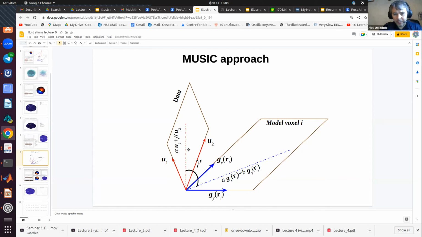You find this vector as a linear combination of these two, and that vector as a linear combination of those two, and the linear combinations are adjusted such that this angle is the smallest possible angle, and that tells you the proximity of the two subspaces.